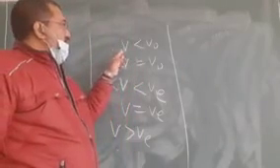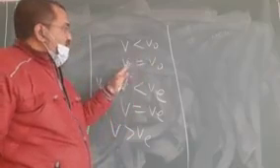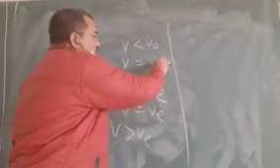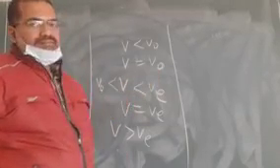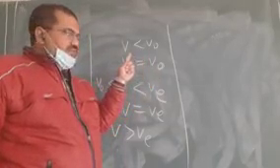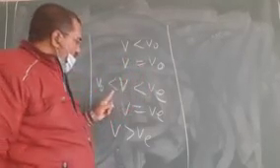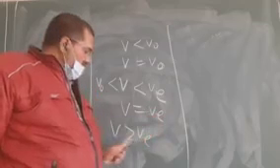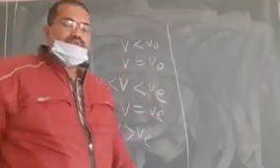If we throw the satellite with V less than V naught, where V naught is the orbital speed, what will happen? If less than V naught, ellipse; V equal to V naught, circular path; then ellipse, parabola, and hyperbola. All these things we'll discuss tomorrow.